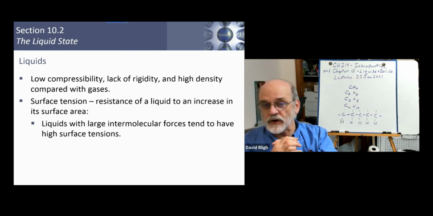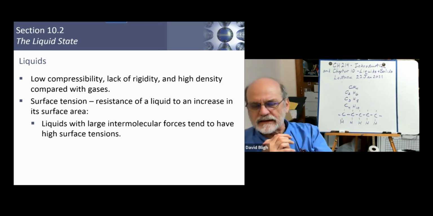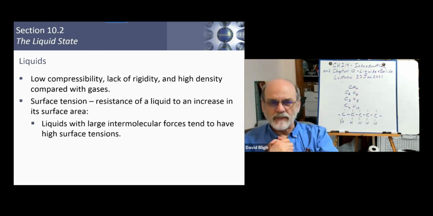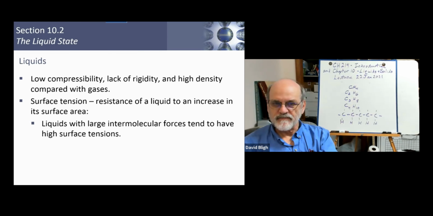Liquids also exhibit surface tension. What do we mean by surface tension? Well, in a pure liquid, the molecules, whether strongly or weakly, attract one another in the body of the liquid.